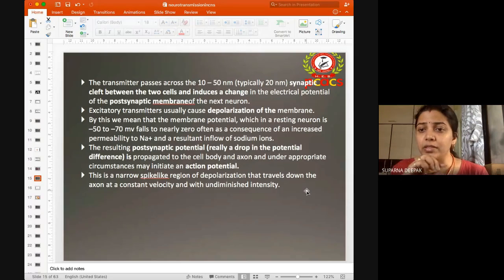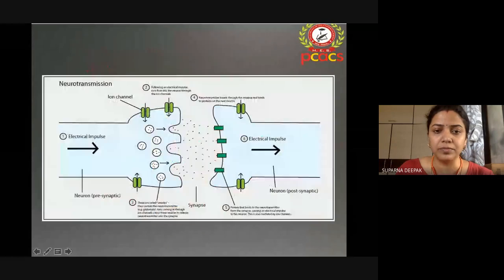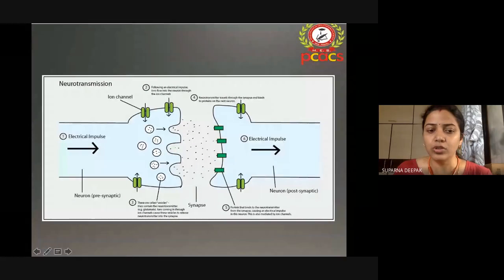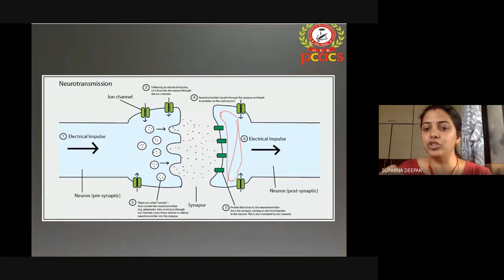So the change takes place only in this region. I want the electric impulse to be strong, then only it will be passed on through this entire neuron. That is the reason why voltage specific channels are also present on the entire neuron.